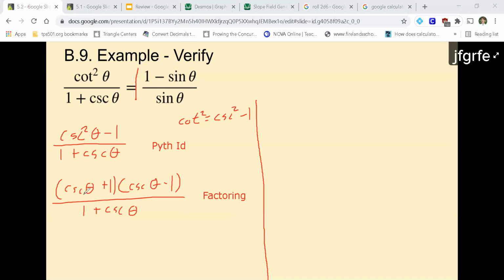And hey, are you seeing what I'm seeing? Cosecant plus 1 and 1 plus cosecant are the same thing, so those will cancel. Which means all I'm left with is cosecant of theta minus 1.